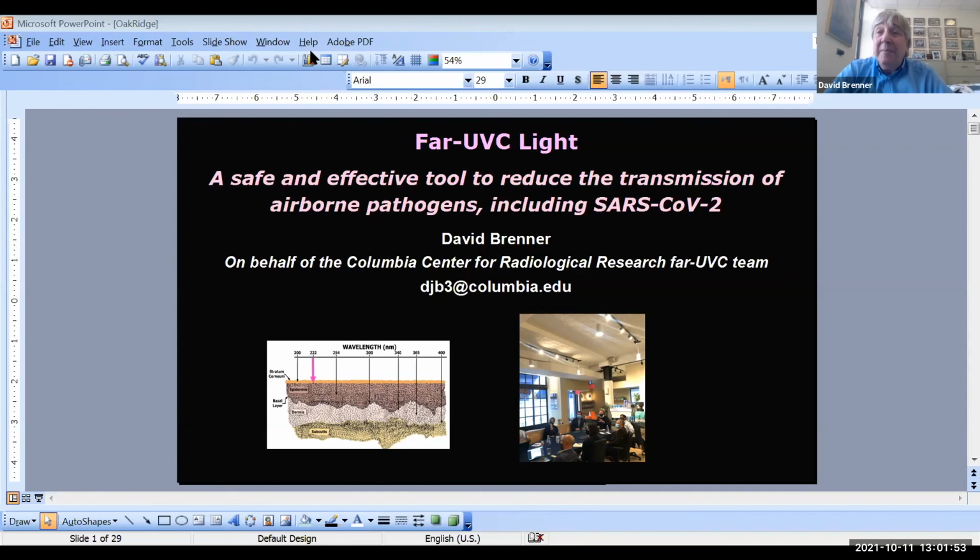So we're going to have to measure the reduction in surrogates, and influenza virus is an obvious one. If you go into a room right now, in a cafeteria or something, you will measure significant amounts of influenza virus in that room, but you won't measure significant amounts of SARS-CoV-2. So you have to do it with surrogates.